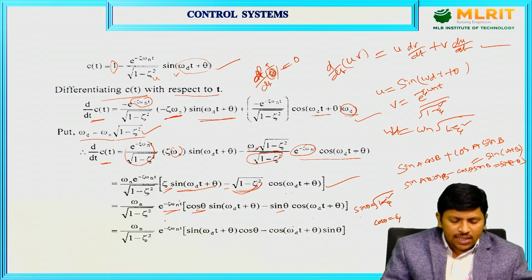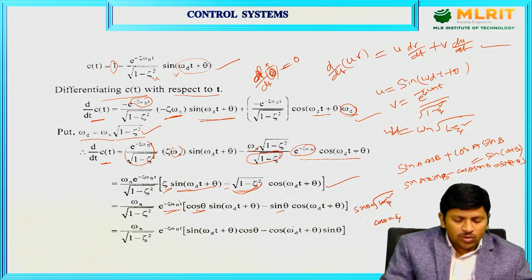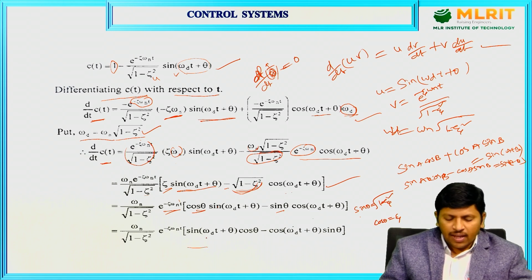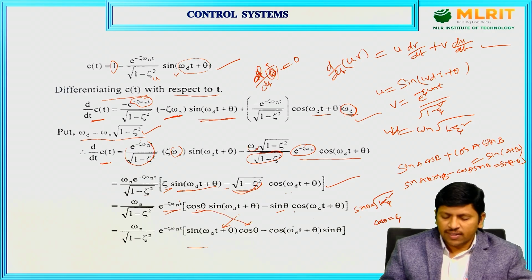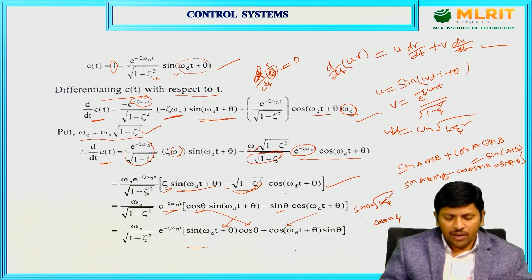Now see, observe, sin a cos b minus cos a sin b. That is nothing but sin of a minus b, simply. So here, e power of minus zeta omega, same as this, I am going to write here, sin of omega d t plus theta, this term first and this term next, sin a cos b minus cos a sin b. This is in terms of sin of a minus b, right?